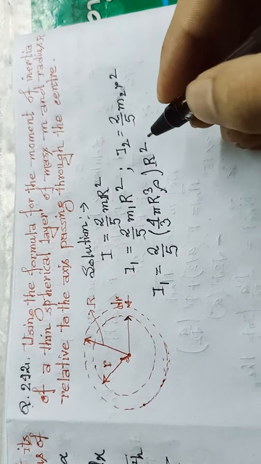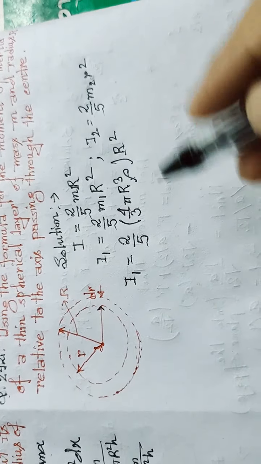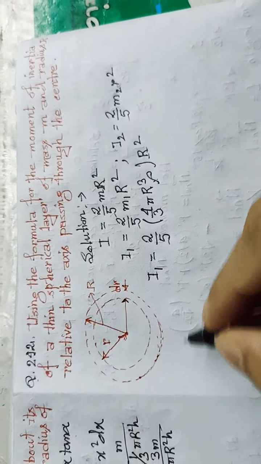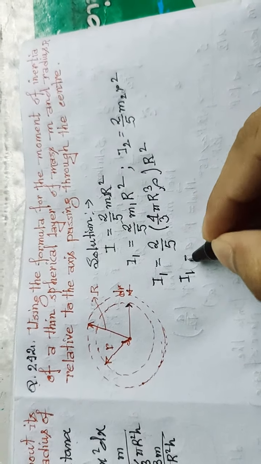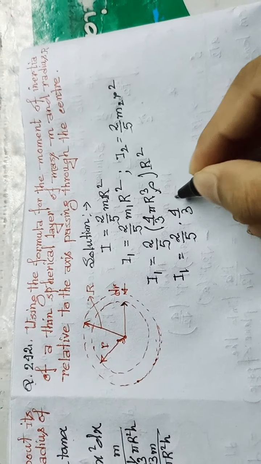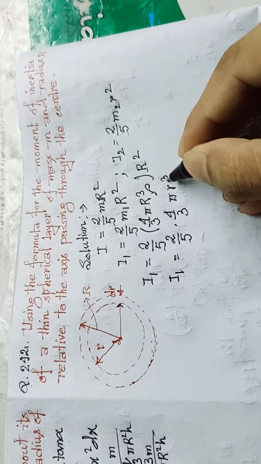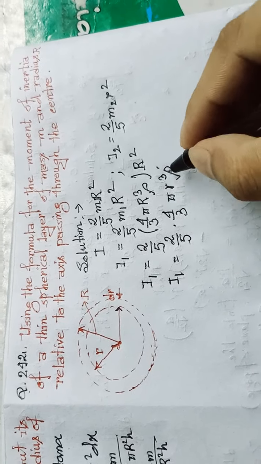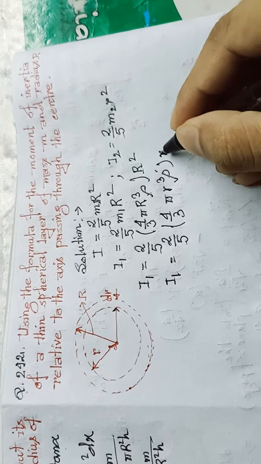So this is the moment of inertia for the outer sphere. Now moment of inertia for the inner sphere will be I2 equal to 2/5 into 4/3 pi small r cube into rho, multiplied by r square.